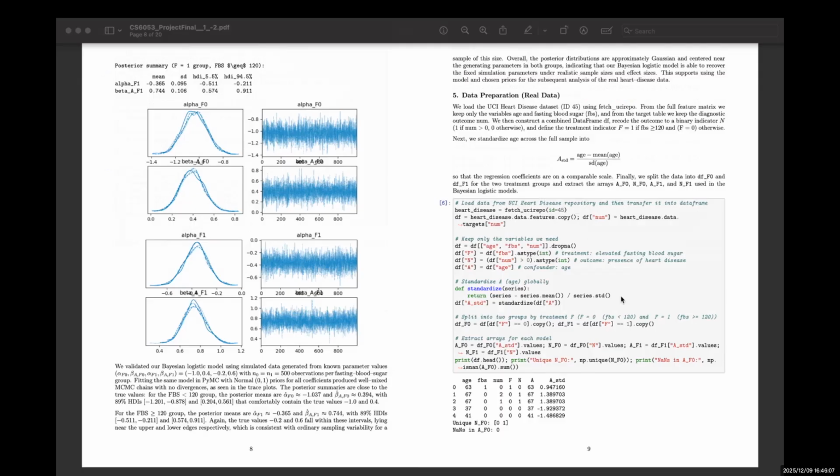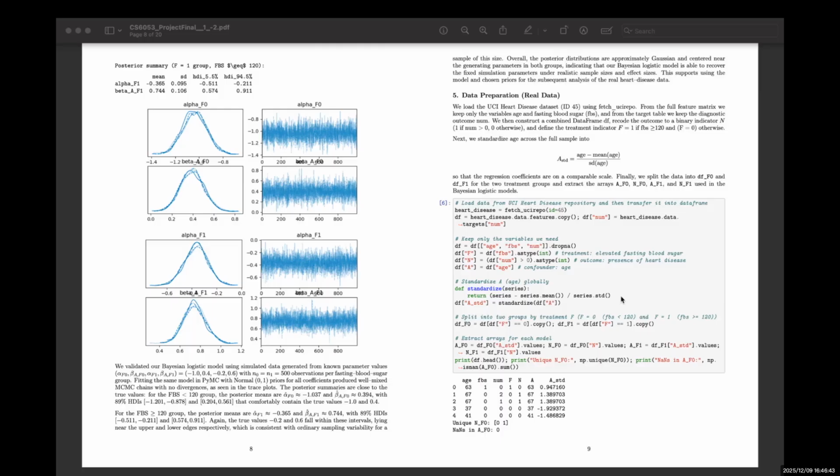Okay, so now let's go to section 5. We do some data preparation on the real data. For the real analysis, we use a UCI heart disease dataset. From the full set of variables, we only extract 3 that match our causal DAG diagram, which are FBS, NUM, and age, respectively F, N and A. We then standardize the age again, just as we did before.